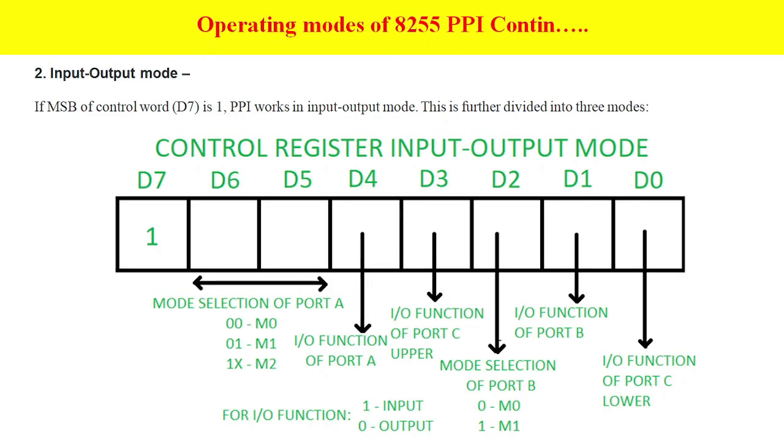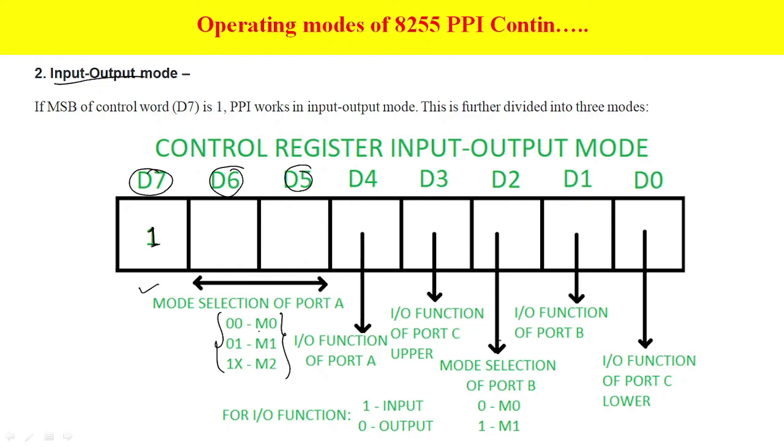Next is input output mode. For input output mode, the D7 bit should be 1 and the remaining bits D5, D6. With the help of D5 and D6, you can choose the different modes of PPI.